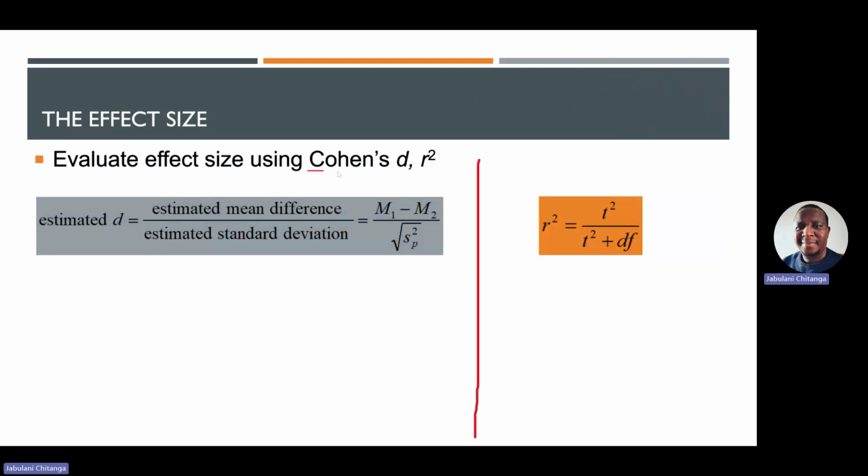In most cases, Cohen's d is used. This is the formula: M1 minus M2, which is 9 minus 6, divided by the square root of the pooled variance. Remember the pooled variance that you obtained is 7.14. If you complete this, you get 1.12, which is a large effect.